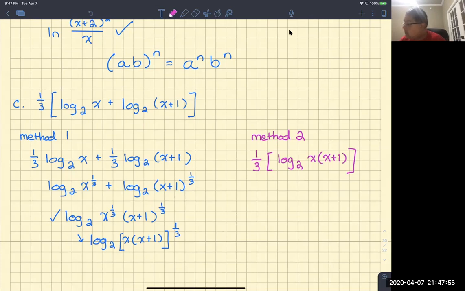Now, what do I do? Am I done? No, you're not done because you got a number in front of the logarithm. So what do we do with the number in front? Well, the power rule says that I make that an exponent.